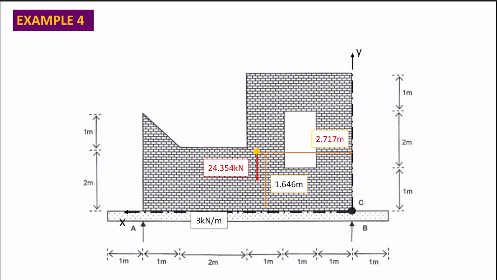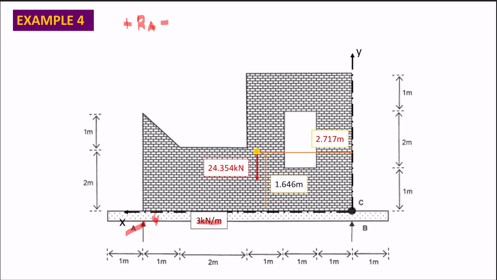Next, we can find the RB using the force equation. So daripada kiri kita kira supaya kita tak tertinggal sebarang reaction ataupun forces ataupun loading daripada figure ini. So we have RA going up. Next, we have 3 kilonewton per meter. This is the beam.